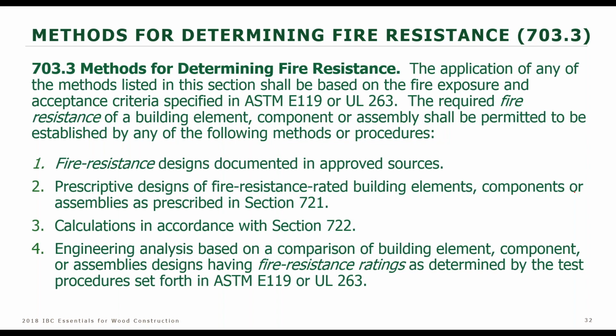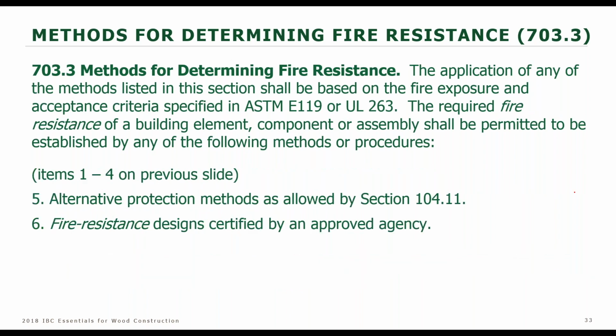I actually printed on this slide the actual code text. That's what we're looking at right now, because 703.3 is a very important section. And this is the way the code reads. 1, fire resistance design approved sources. 2, prescriptive ones from 721. Calculations for 722. Engineering analysis.